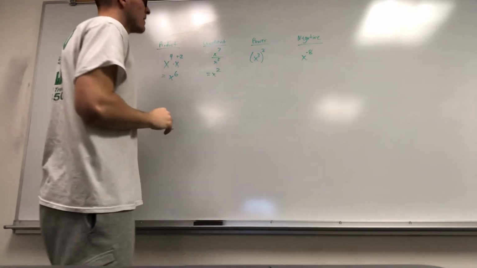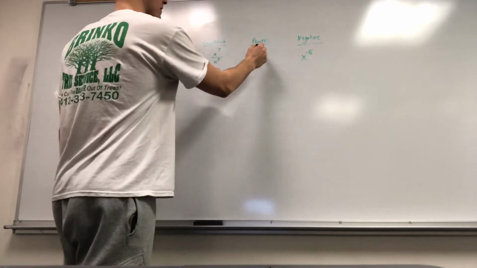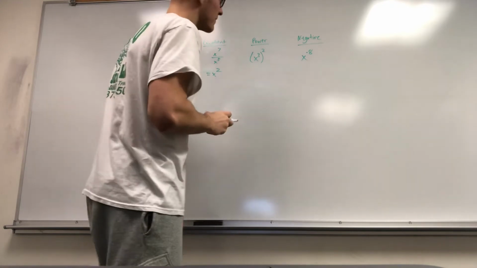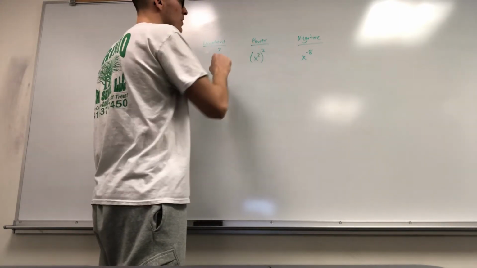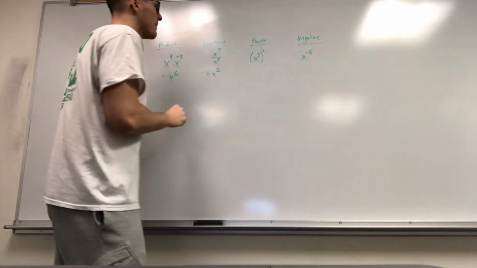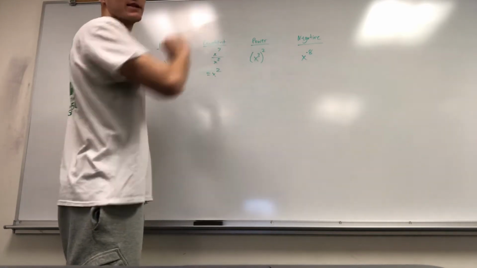Alright, and then over here, here's the power rule. A lot of people get this and this mixed up because it's very similar, but it's a very big difference. If I have x to the third raised to the second, it's not x times x, this is just x to the third raised to something else.